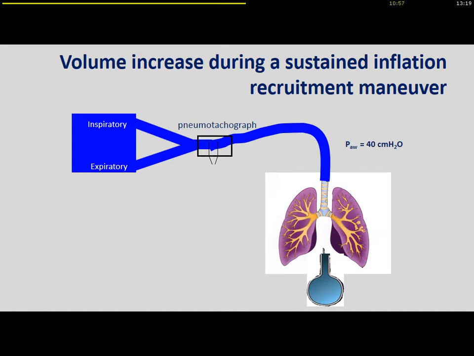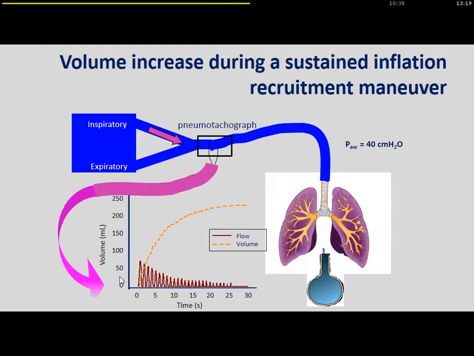As a consequence, the pressure at the proximal airway will decrease a little bit. So the ventilator will deliver some little spikes of flow just to maintain the pressure at 40 centimeters of water. And because we use a proximal pneumotachograph, we can track these little spikes of flow during the 10 seconds.